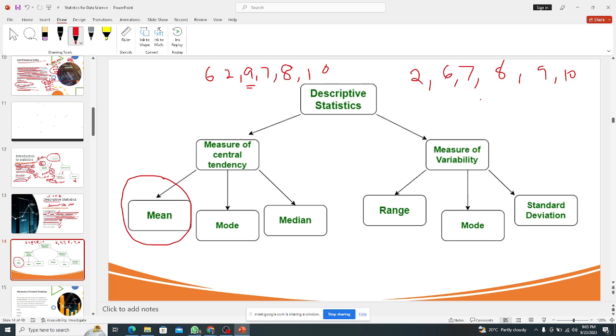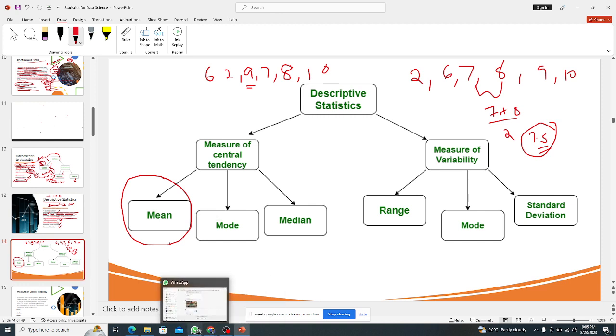So you add 7 and 8 and divide by 2. Yes, so in this case it will be 7 plus 8 divided by 2. This will be 15 over 2, so that will be 7.5. Our median value will be 7.5. Correct. What is mode?